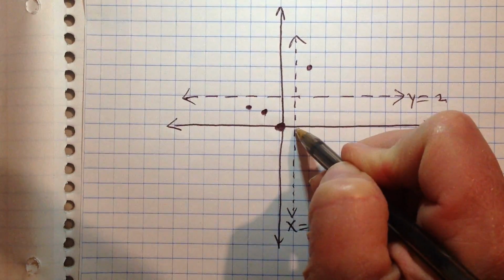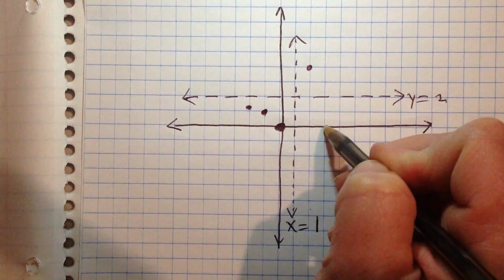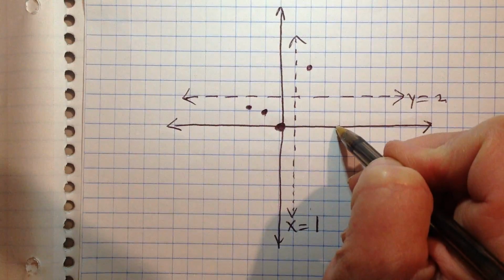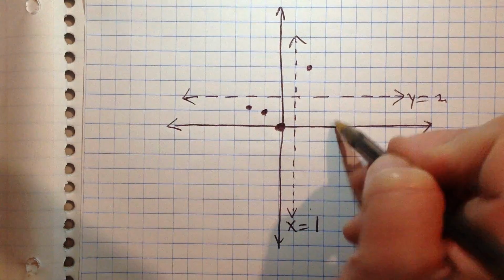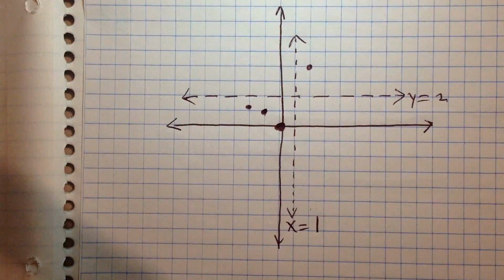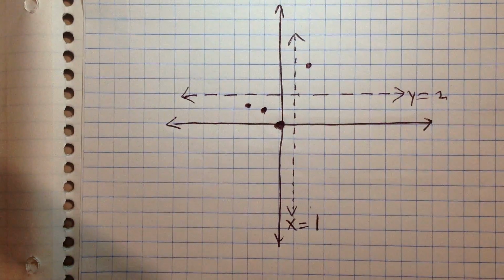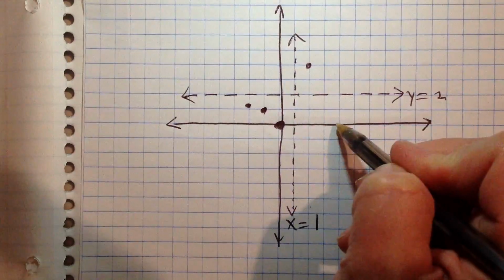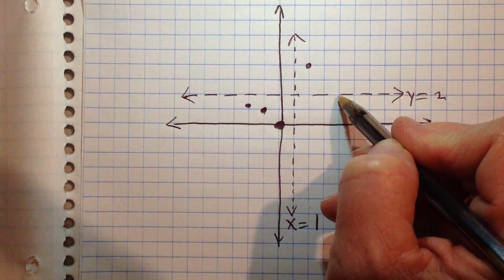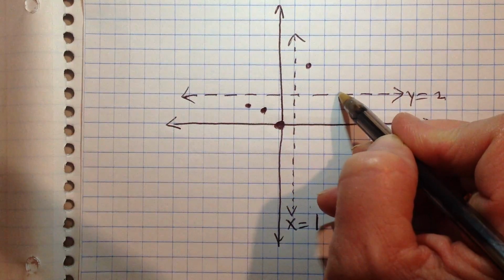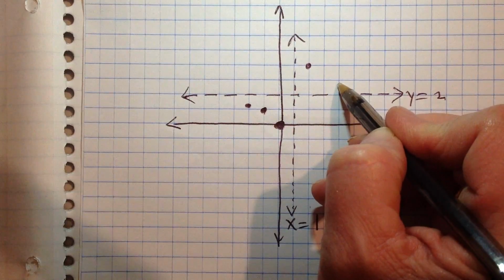At positive 4, we're up at 8/3, so that would be like 2 2/3. So at 1, 2, 3, 4, I'm up at 2 2/3, somewhere about right there.